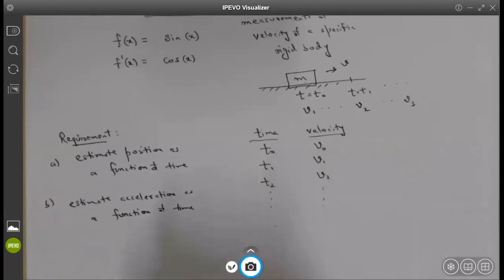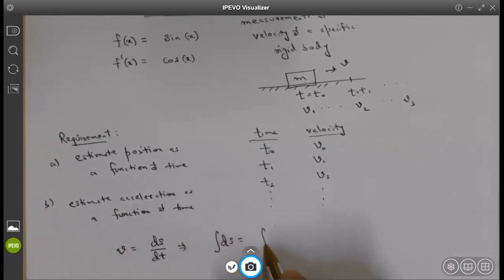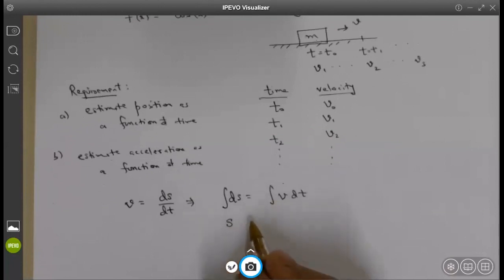Correct. Basically velocity is the time derivative of your displacement. That means if you want to get the displacement, you want to have velocity as a function of time. This expression will give you the displacement.